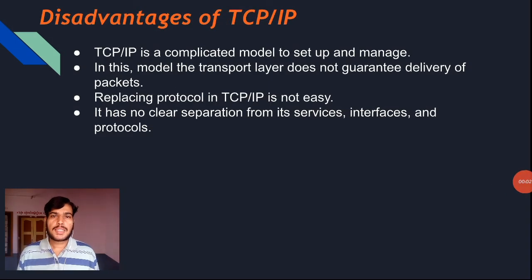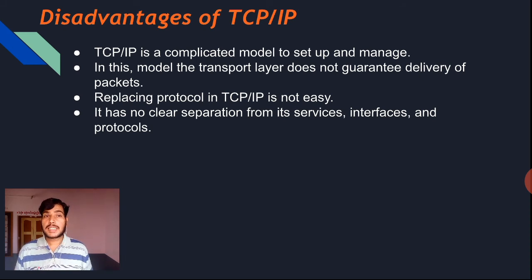Now let us understand the disadvantages of TCP/IP compared with the OSI reference model. TCP/IP is the more complicated model to set up and manage the network. In this model, the transport layer does not guarantee the delivery of packets. Replacing protocols in TCP/IP is not easy because it has no clear separation of its services, protocols and interfaces.